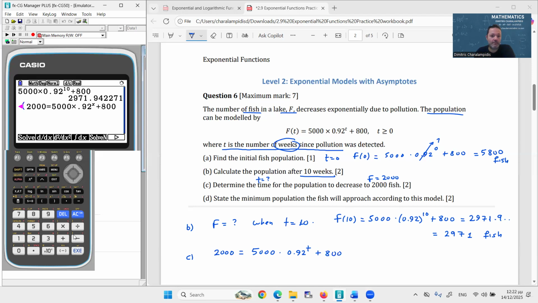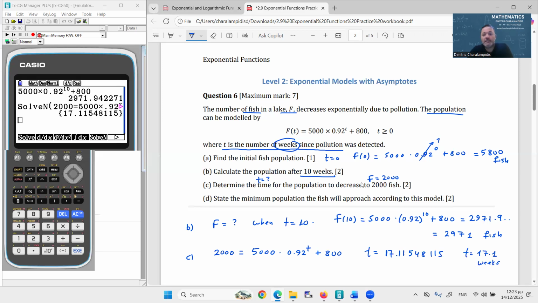So t is 17.11548 and so on. It's time, so I could either leave it like that, it's the exact value, or follow the default rounding system of the IB and round it to 3 significant figures, which in this case would be 17.1. Don't forget to use units, 17.1 weeks.